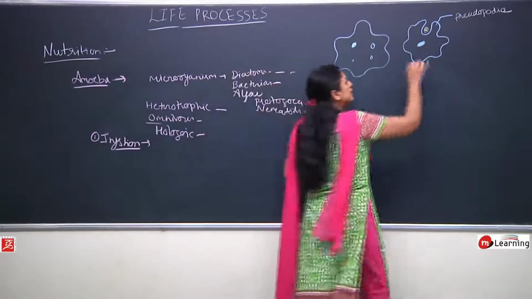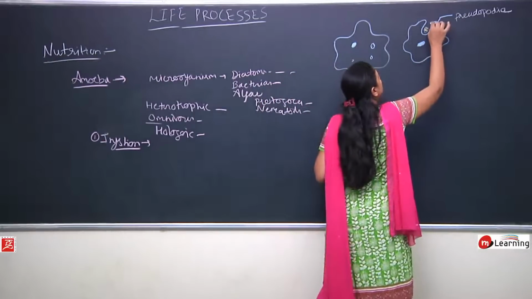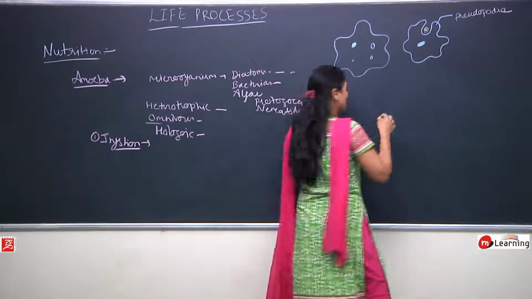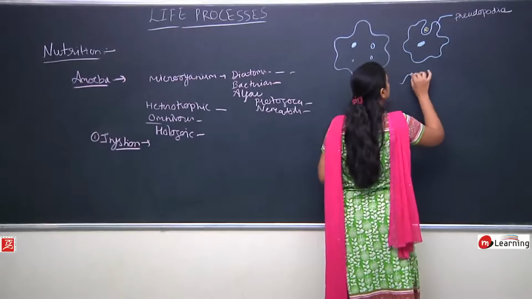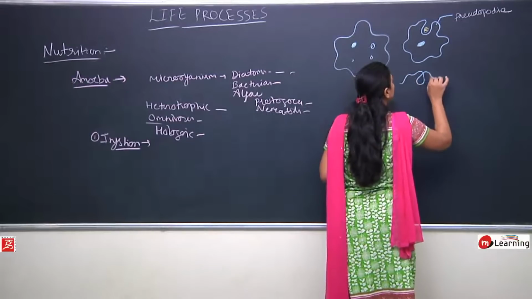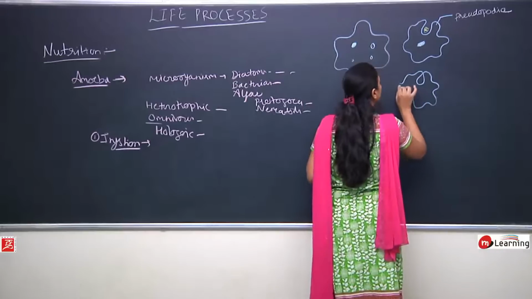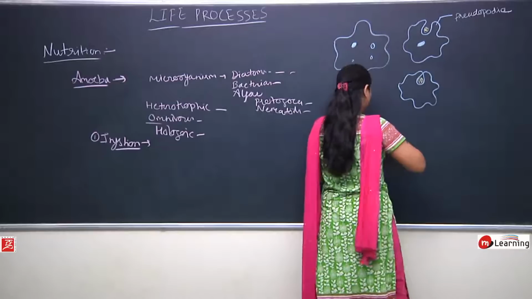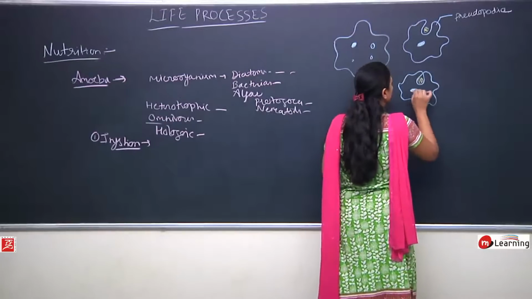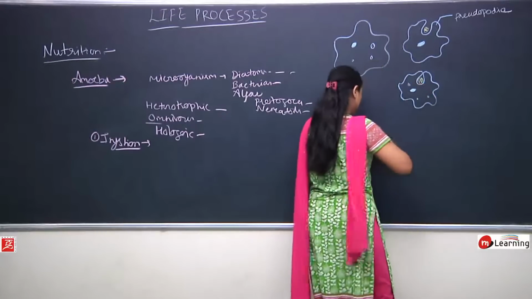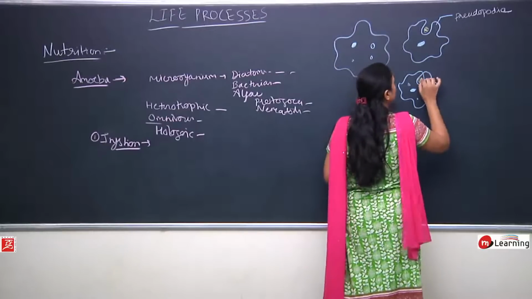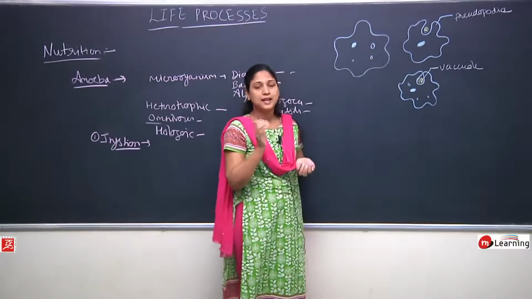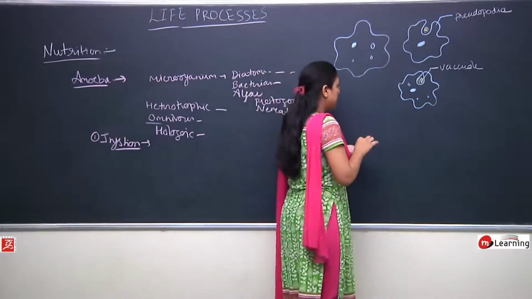And with these pseudopodia, it surrounds the food particle, and then it completely surrounds it and forms a vacuole-type structure, and this vacuole is called a food vacuole because it has food in it.